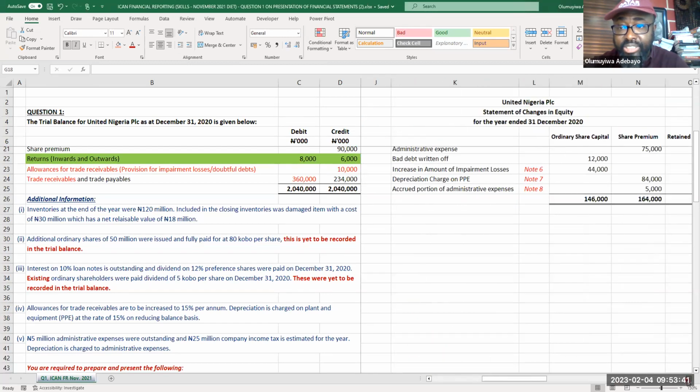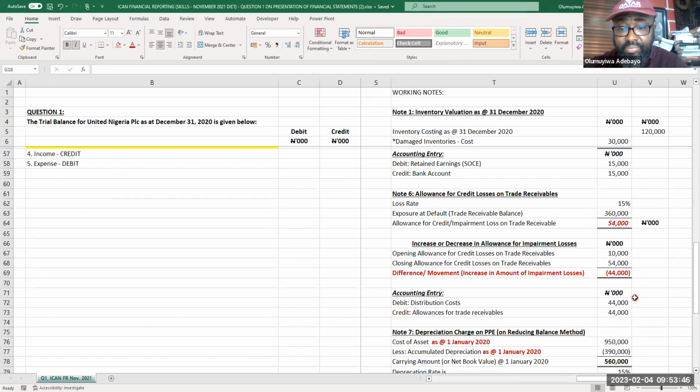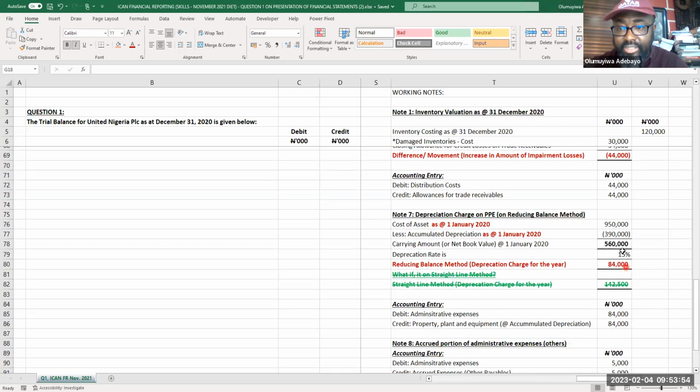Okay, that's the depreciation. When we are computing depreciation, it's not 580, it's 560. Who said 580? Okay, that has been corrected. Okay, thank you, guys.